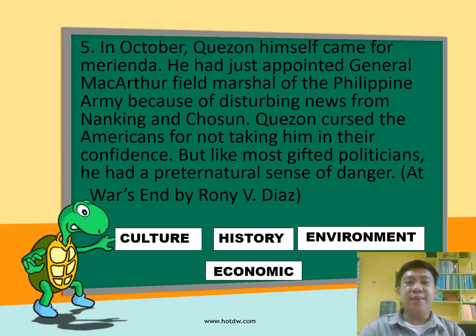Number 5. "In October, Quezon himself came for merienda. He had just appointed General MacArthur Field Marshal of the Philippine Army because of disturbing news from Nanking and Chusun. Quezon cursed the Americans for not taking him into their confidence. But like most gifted politicians, he had a preternatural sense of danger."